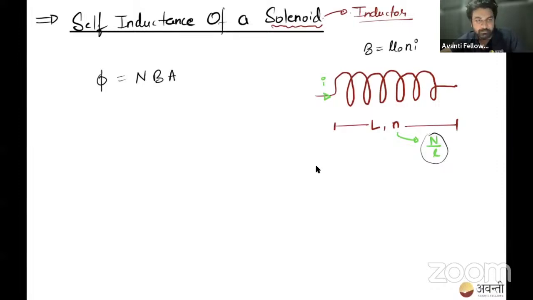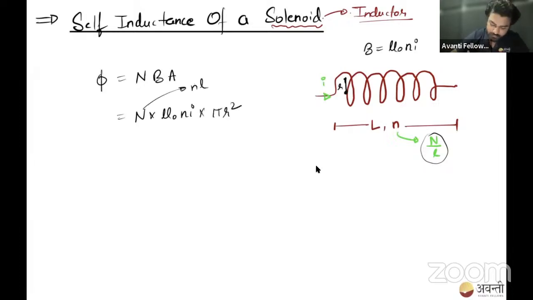So if I put the values here, N into magnetic field B, which is mu naught n i, into the area of this coil, let's say radius is small r, so it is pi small r square. In place of n, bachcho, we can write N upon l. So I can say phi is equal to N square mu naught pi r square upon l. Just a second, did I miss something?